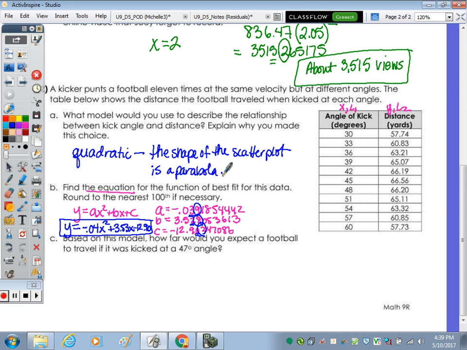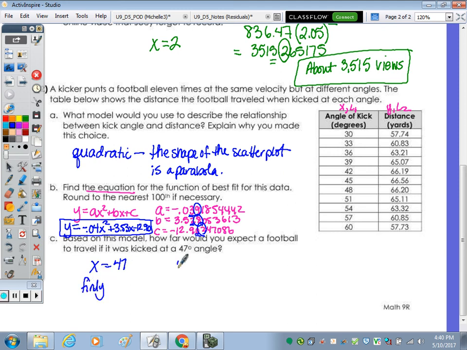And instead of saying it's a parabola, you can just state that it's a U-shaped curve. Part C. Based on this model, how far would you expect a football to travel if it was kicked at an angle of 47 degrees? So that means if x is 47, find y.